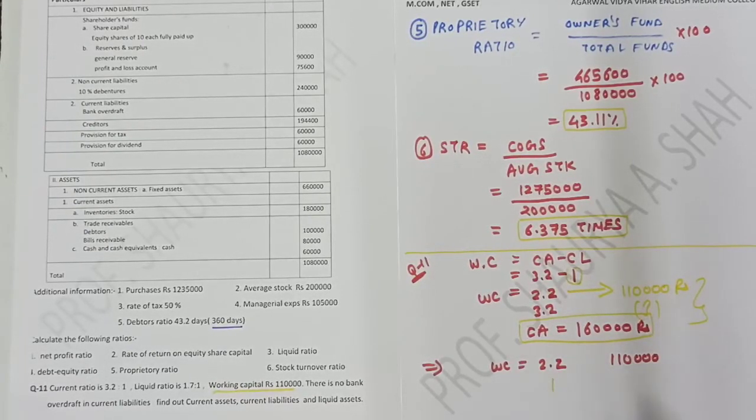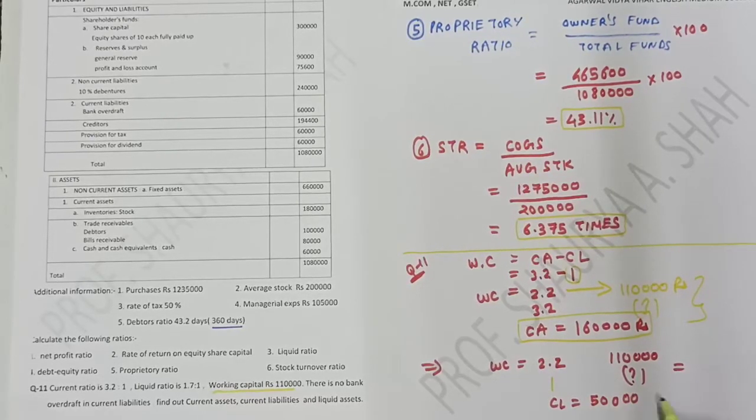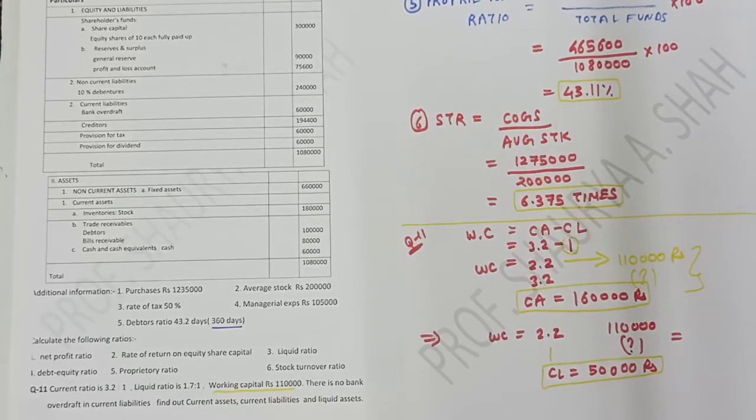So what will be my 1 equal to? This will give me the answer of current liability is equal to 50,000 rupees. I suppose it is clear to each and every student. Is it clear to everyone?